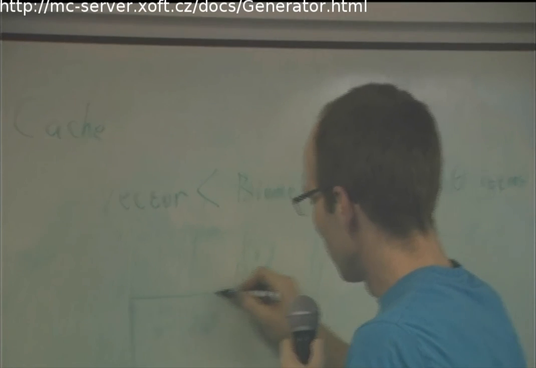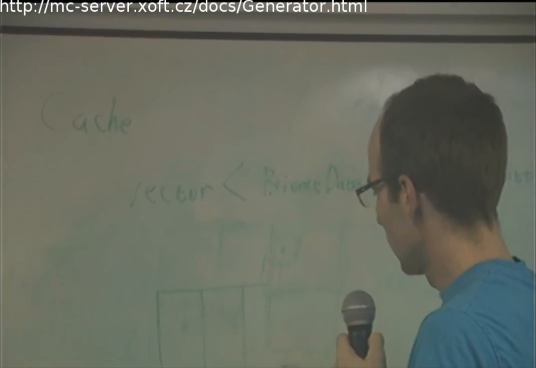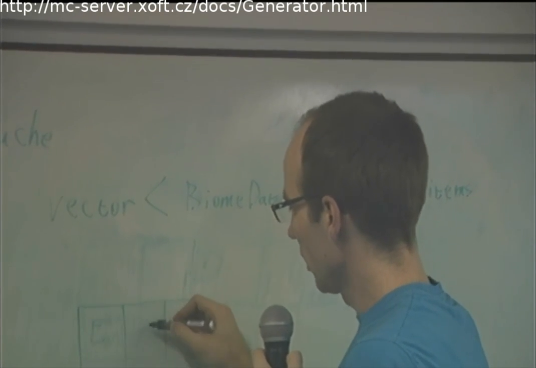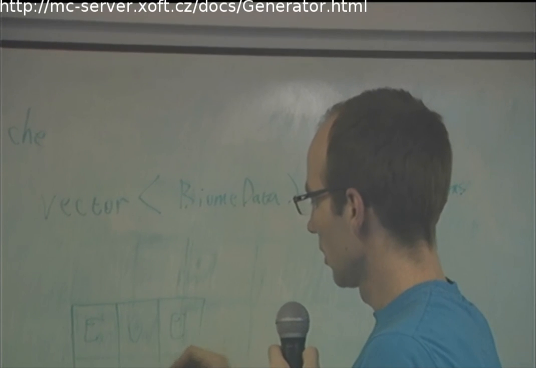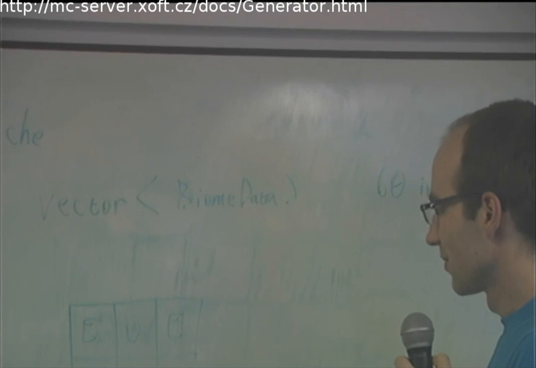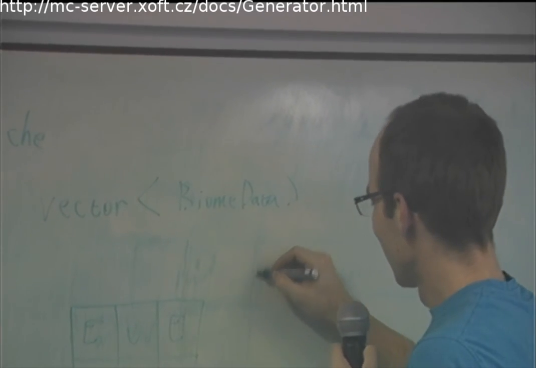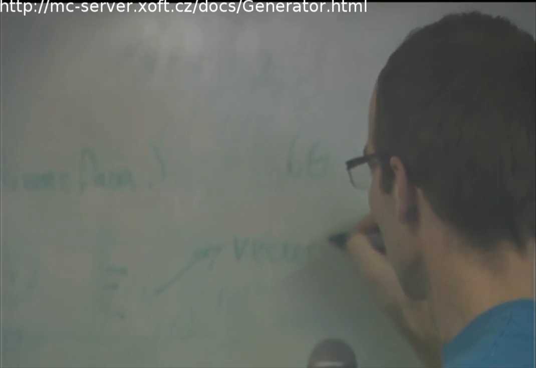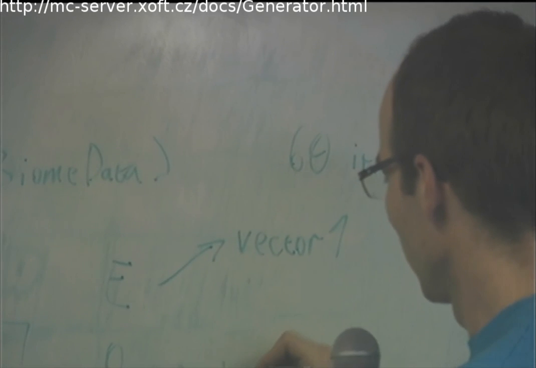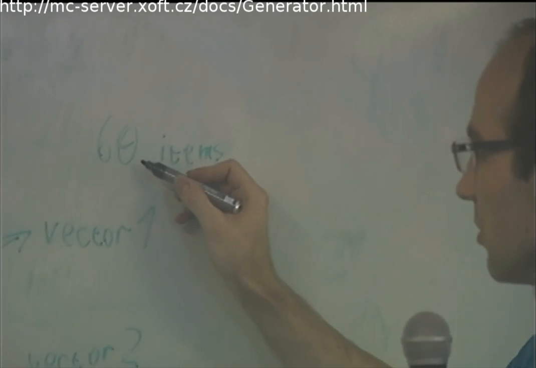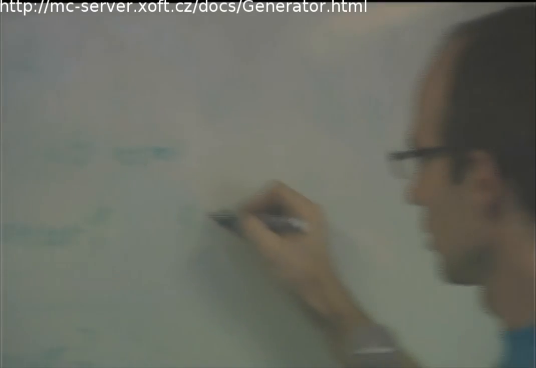So what we did, we used the chunk grid and said, okay, we have an even chunk and an odd chunk, even, odd, even, odd. If it's an even chunk, look at vector 1. If it's an odd chunk, look in vector 2. So suddenly, all these 60 items were split into 30 items each, and the lookups were fast again.